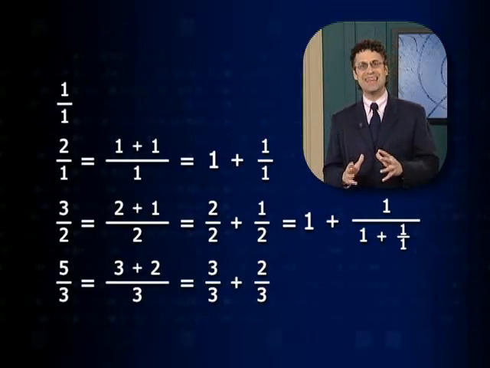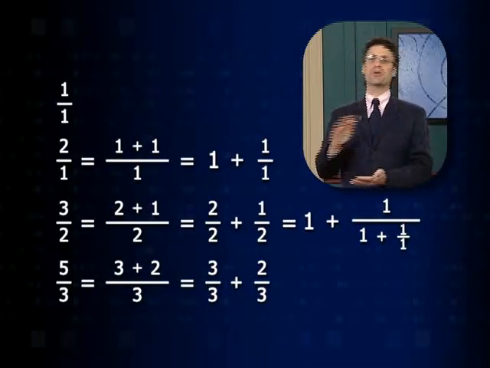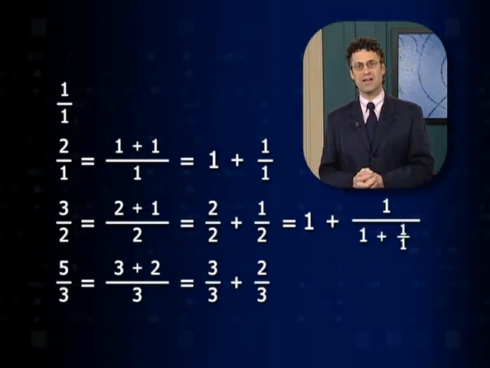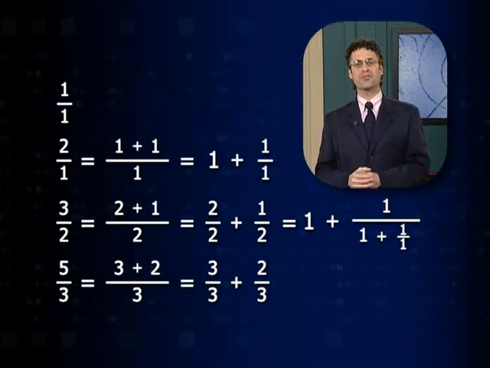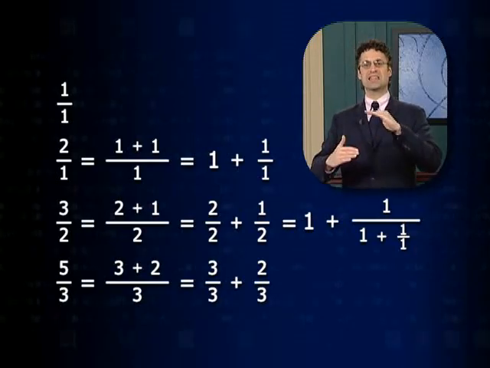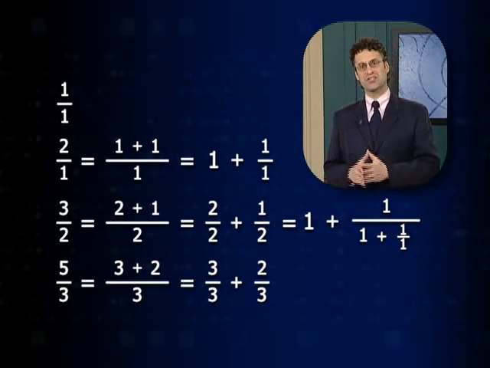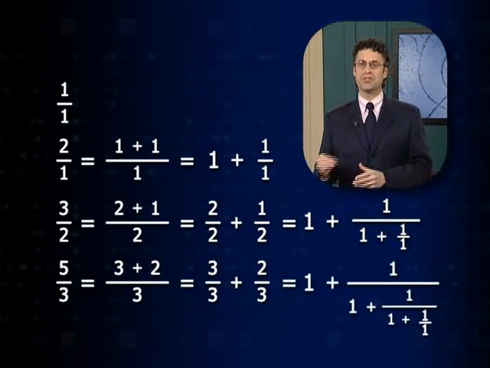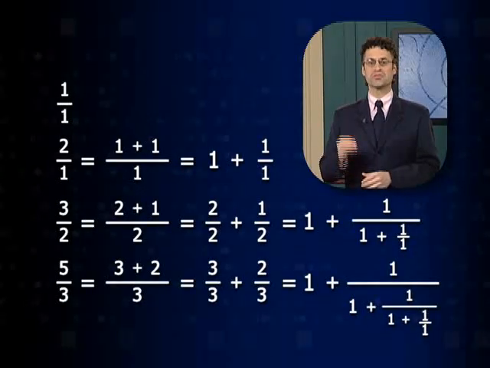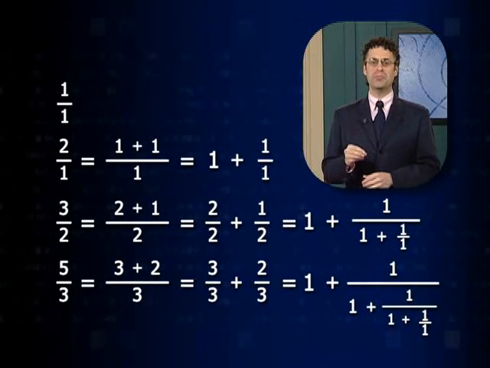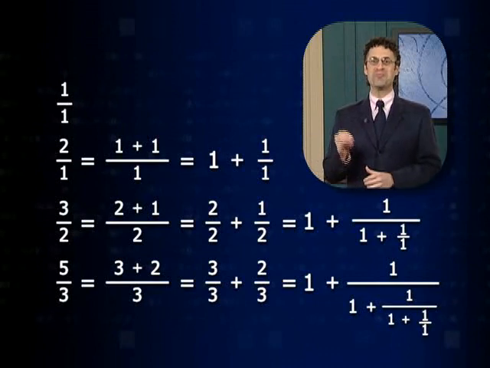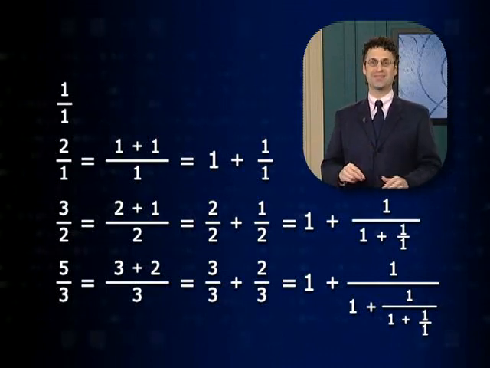But notice again that 2/3 is the reciprocal of the previous answer we found, 3/2. So I can take the previous answer and take its reciprocal to get that second term. And so 5/3 equals 1 plus 1 over 1 plus 1 over 1 plus 1 over 1.